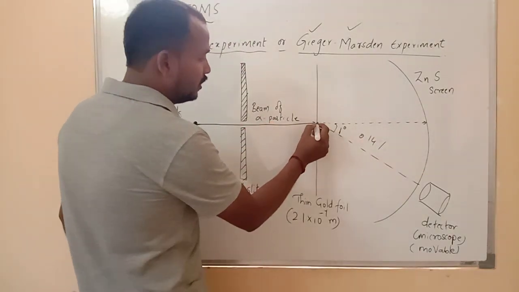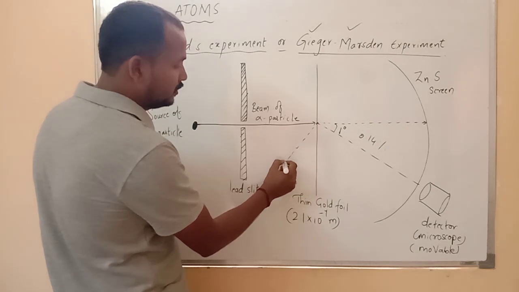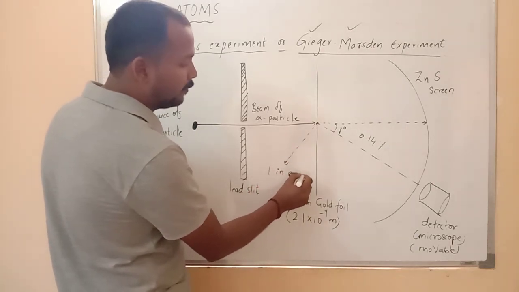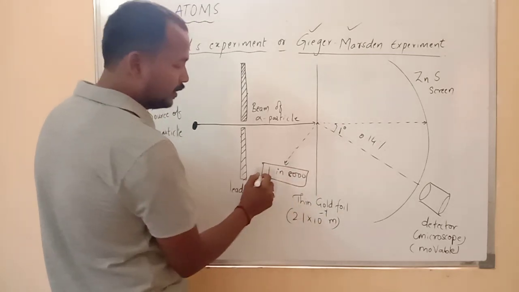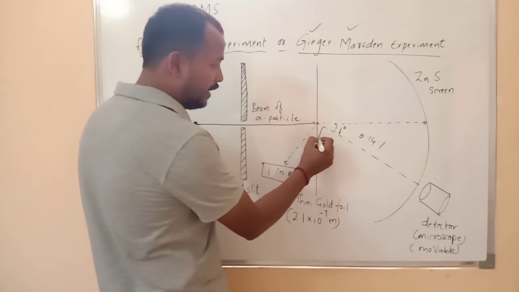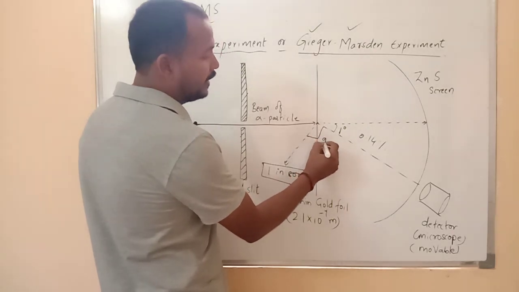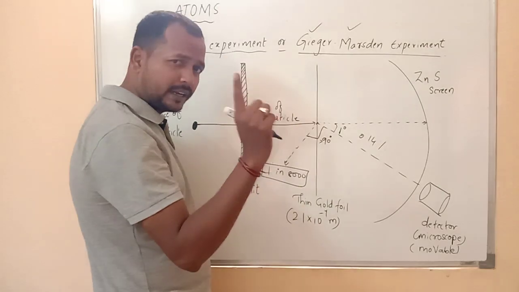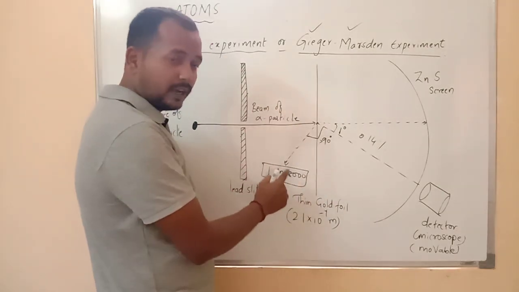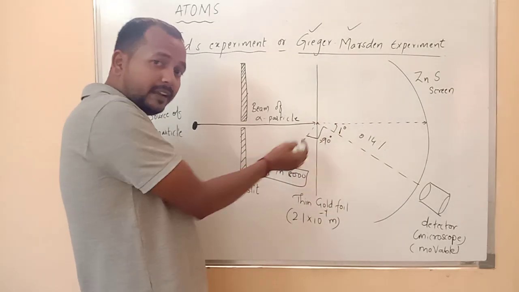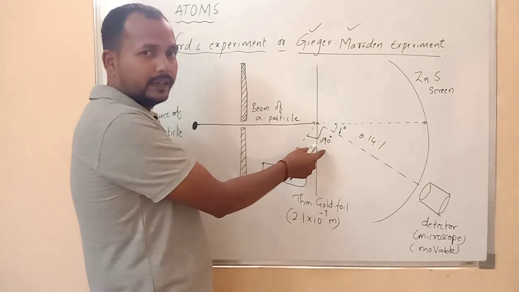Now, 1 in 8,000 alpha particles will deviate more than 90 degrees. Only 1 particle in 8,000 incident alpha particles will scatter more than 90 degrees.